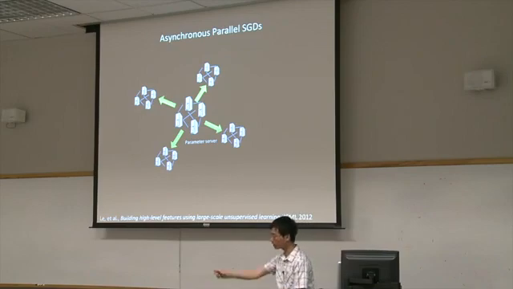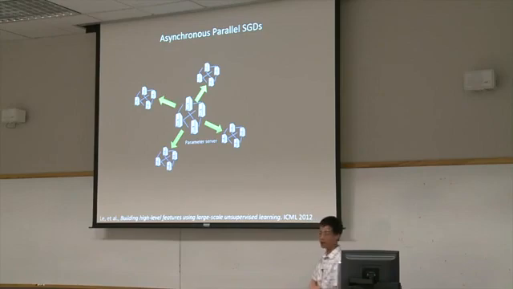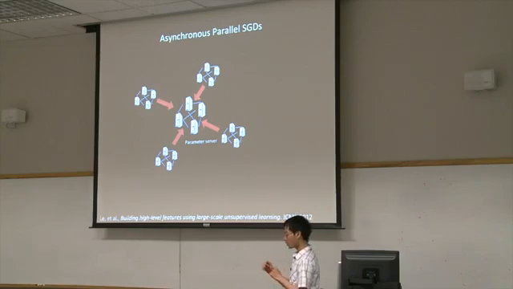So it will send the parameter to each of the slaves. And the slave grabs the parameter, right, asynchronously though, and then computes the gradient and sends the gradient back to the parameter server. So when I say asynchronous, what do I mean?